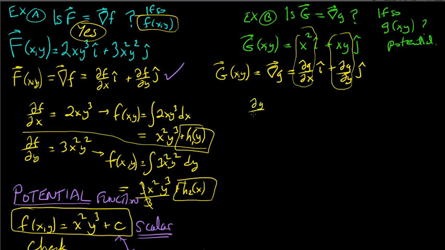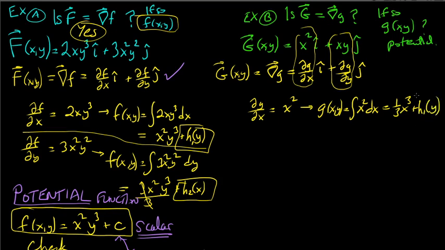So if the partial of g with respect to x is equal to x squared, then when you integrate x squared with respect to x, you get 1/3 x cubed plus some function. Can I use h again because I'm running out of letters here? h1 of y.